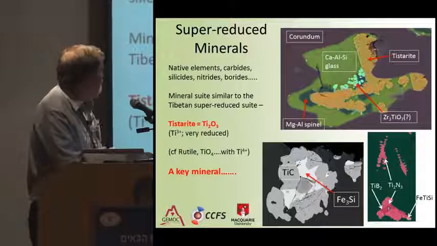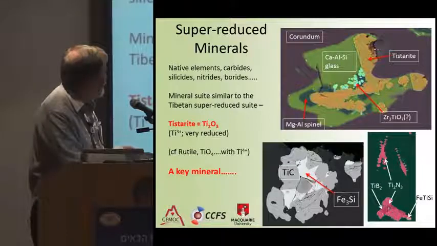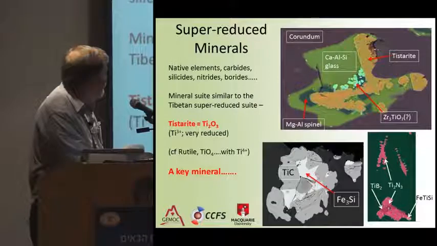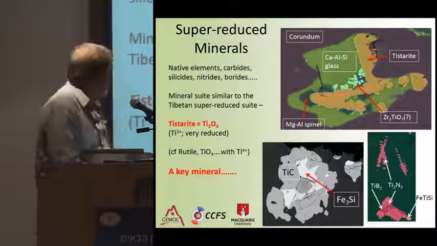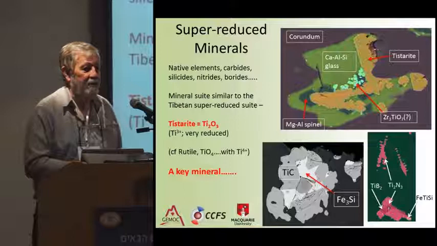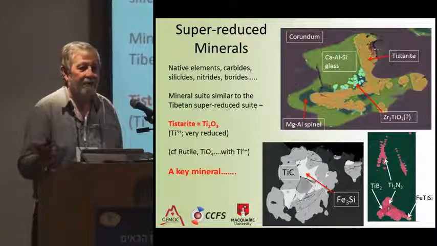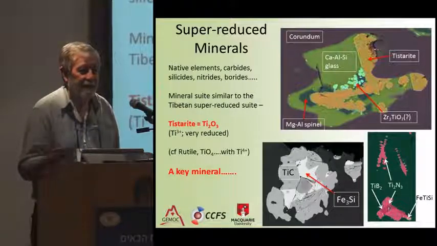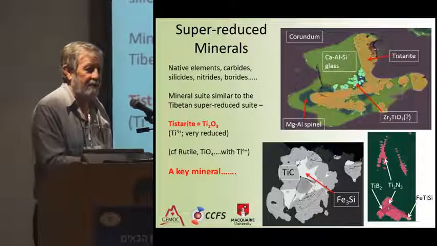This would be what we call a typical type S assemblage. You have a calcium aluminum silicate glass sitting in corundum. This mineral here, the orange thing, is something called Tistarite, which I'll come back to later. This is Ti2O3. This is much more reduced than you will see in anything else on Earth in general. This, in fact, was not known on Earth previously.